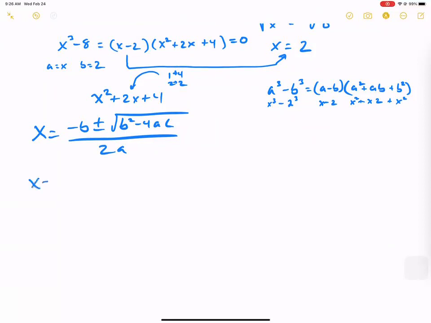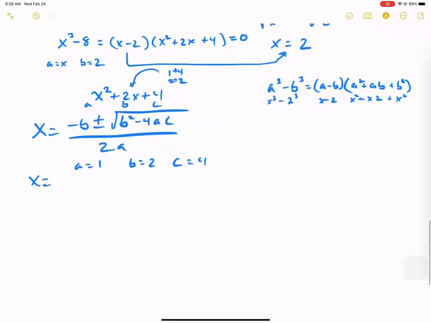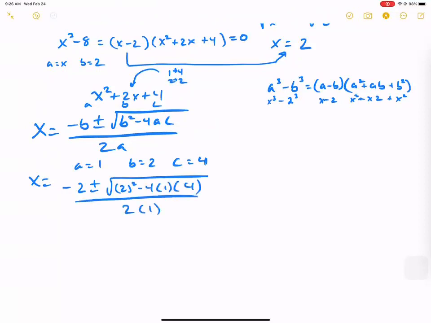So x equals, let's make sure we know our a, b, and c. So a is equal to 1, b is equal to 2, c equals 4. Make sure you guys are okay with those three numbers. So x equals negative b, which is 2, plus and minus the square root of 2 squared minus 4ac, all over 2a.